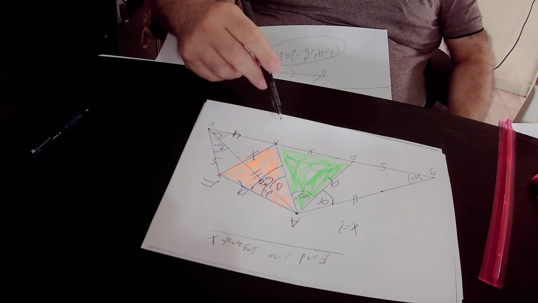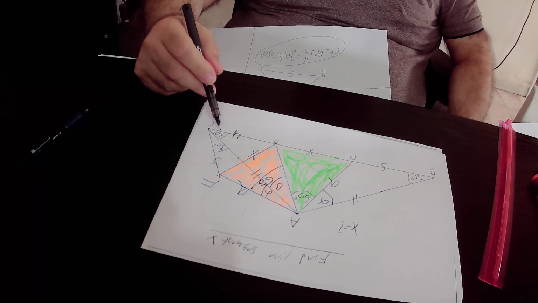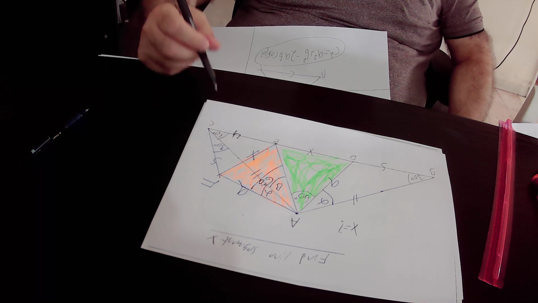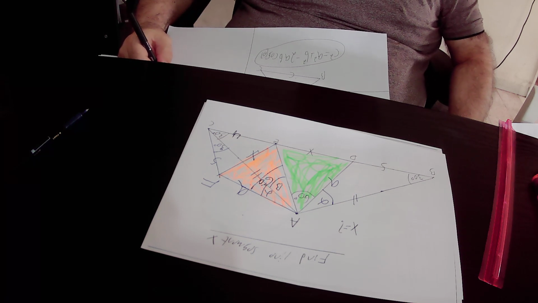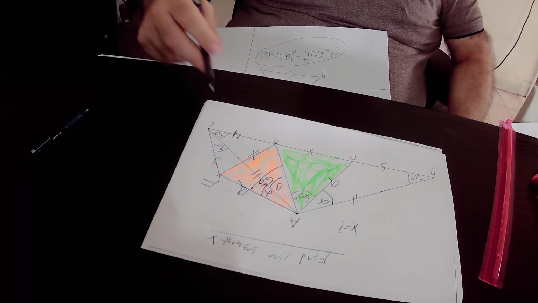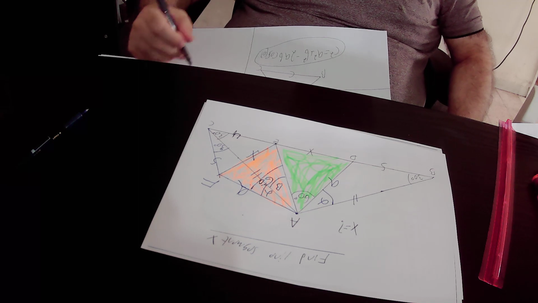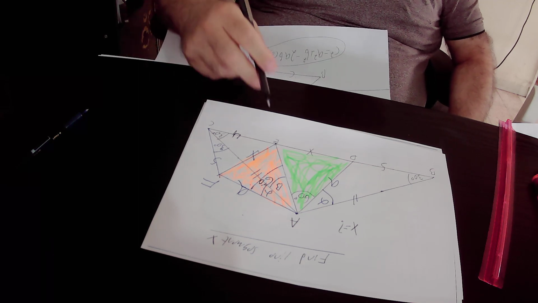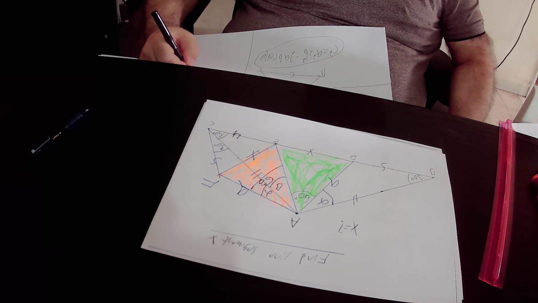Here, angle ECF equals 30 degrees plus 30 degrees, that is 60 degrees. Side FC equals 5 units. Side EC equals 4 units.